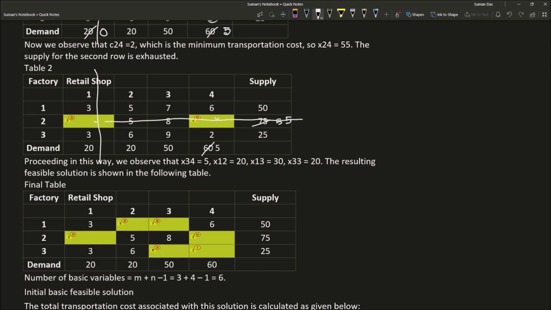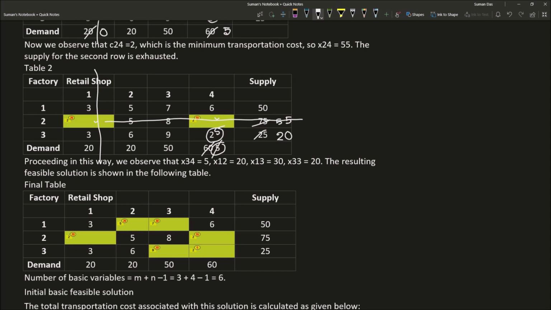Next we have another lowest value, that one is 2. Now look at the demand, that is 5, and the supply, that is 25. Which one is minimum? That one. So we allocate 5 here and that one becomes 20.